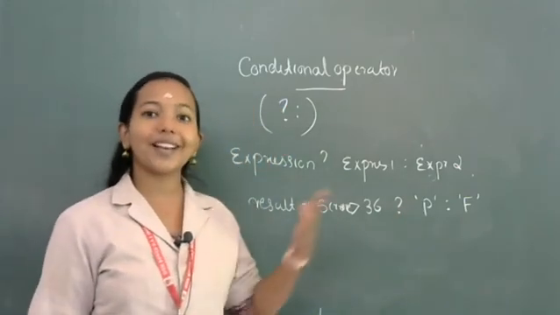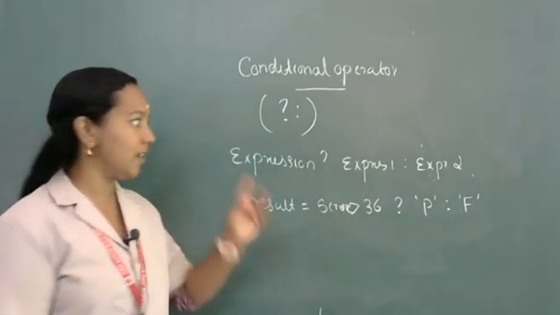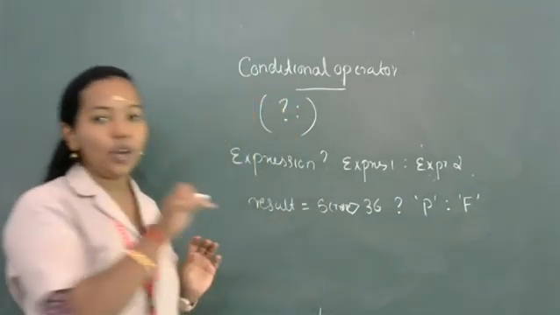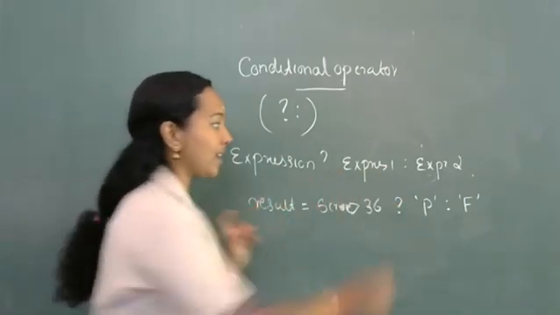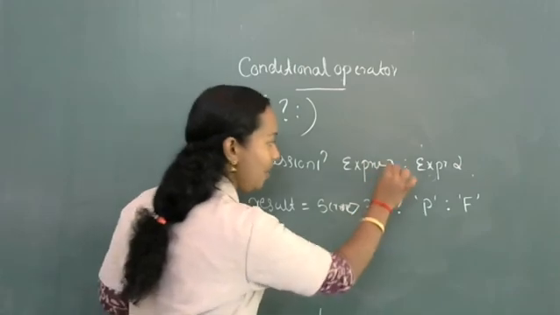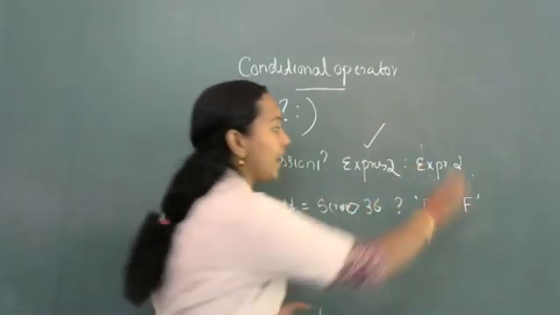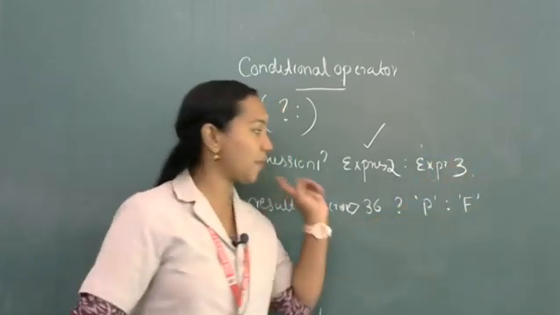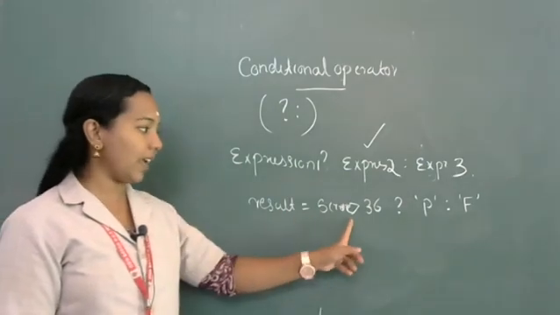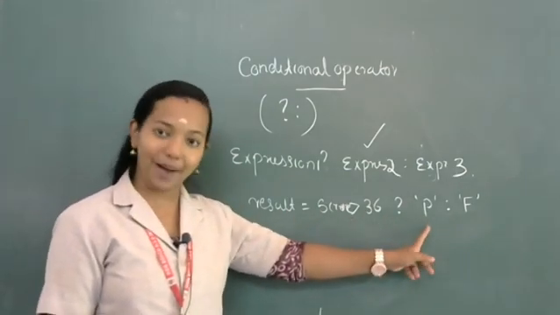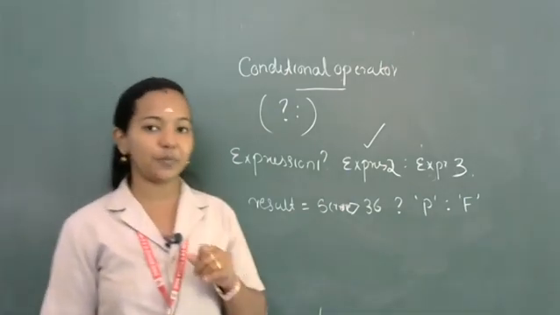So this is a conditional operator because it consists of three expressions or three operands. The symbols that we are using are question mark and colon. If the first expression is true, the second expression will execute. If it is false, the third expression will execute. It is equal to an if else statement.